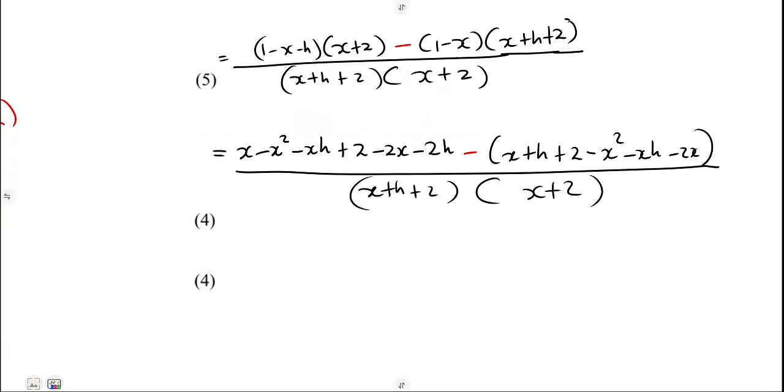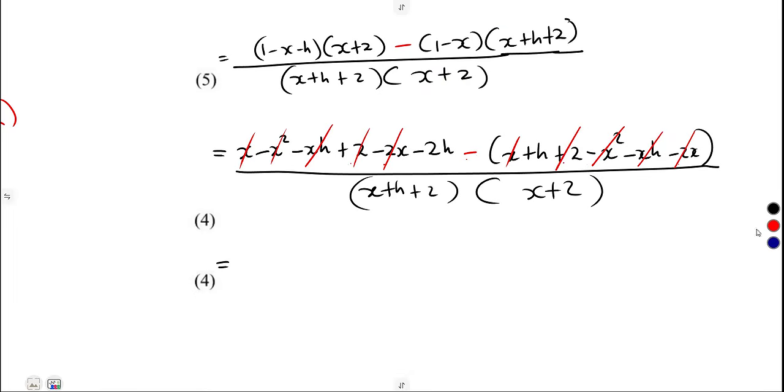So that is what you're simply going to obtain. As we can see, x minus x is going to cancel. Minus x squared minus x squared is going to cancel as long as they are the same, because there's a negative here. Minus xh is going to cancel with xh. Minus 2x is going to cancel. Also there's positive 2 and positive 2, this is going to cancel.